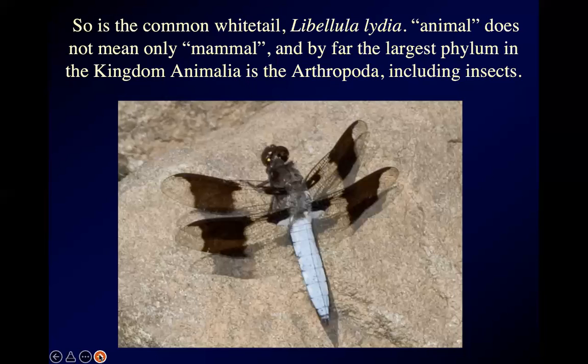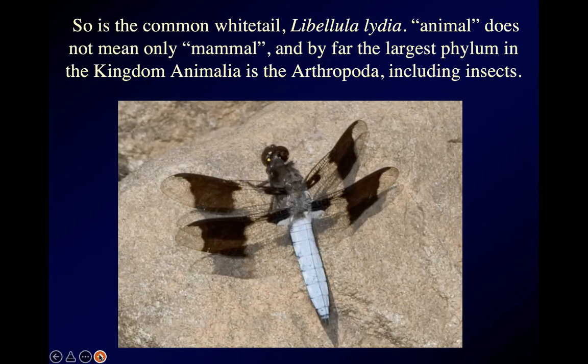But the vast majority of animals are not mammals. The largest phylum, remember a phylum is what kingdoms are divided into, is called the phylum Arthropoda, and that includes insects. There's nearly 1 million known species of insects, everything from dragonflies to cockroaches to honeybees.